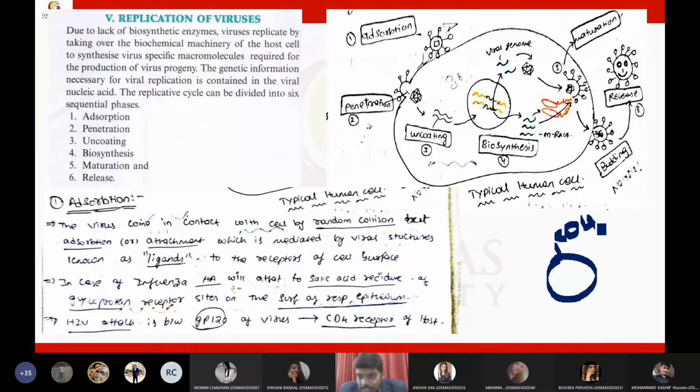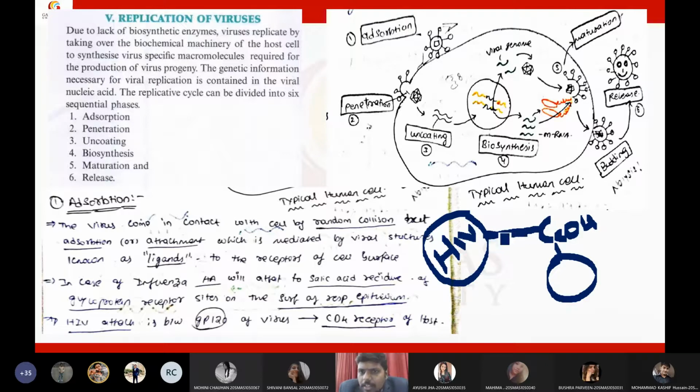Now, to this CD4 receptor, we have an HIV virus. This HIV virus will attach to the CD4 receptor via a viral receptor called a peplomer. This protein is called glycoprotein GP120.